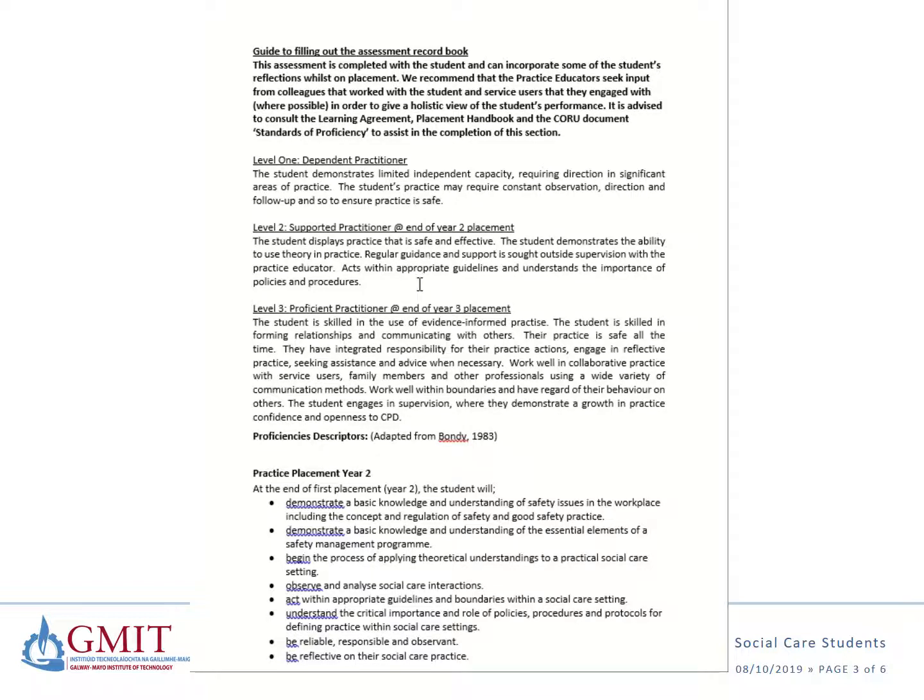A student may go on to achieve a Level 3 in some proficiencies, and this is quite a competent student and is skilled in forming relationships, excellent use of theory to practice, responsibility for their practice actions, good use of reflective practice, and the student engages in supervision and shows growth in practice confidence and openness to their continued professional development.